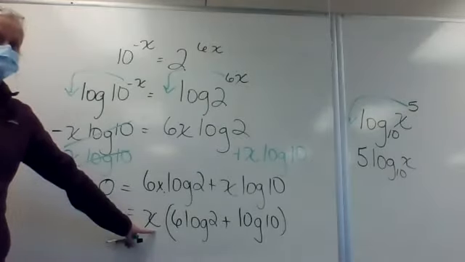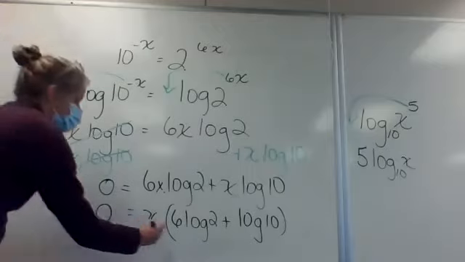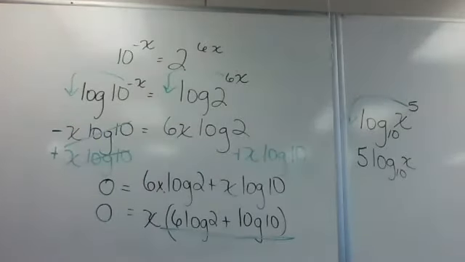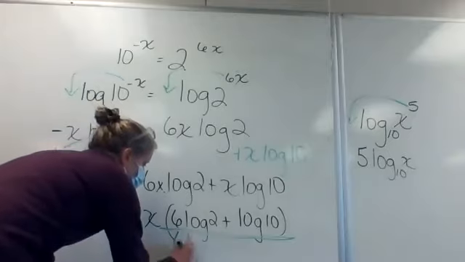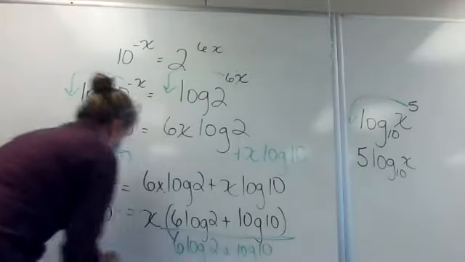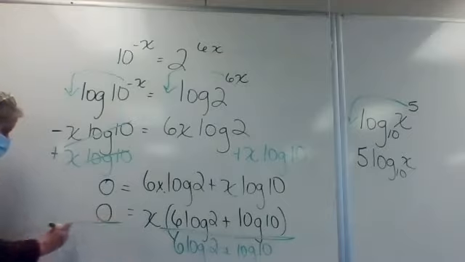Now, this is the x I'm trying to get by itself, so I would have to divide both sides by this whole thing here, 6 log 2 plus log 10. But look at the other side.